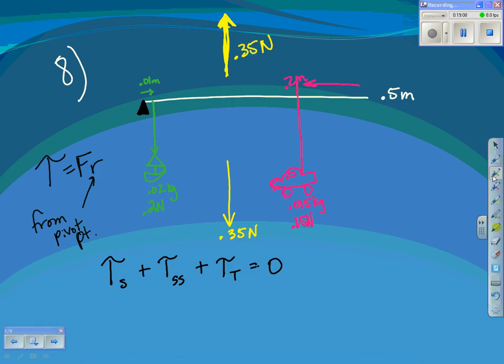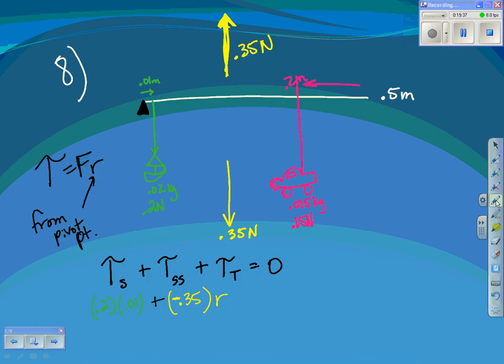All right. So going back to the problem. Force of the sailboat, we said, is 0.2. Distance from the fulcrum to the sailboat is 0.01. All right. Then we're going to add the force of the support string, which we know to be 0.35. Now we're going to make it negative because it's going up.